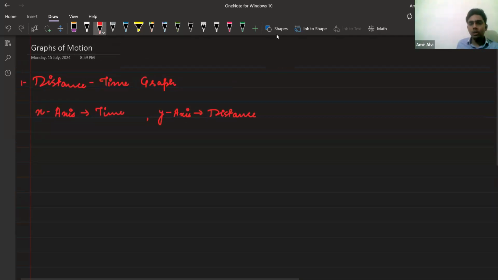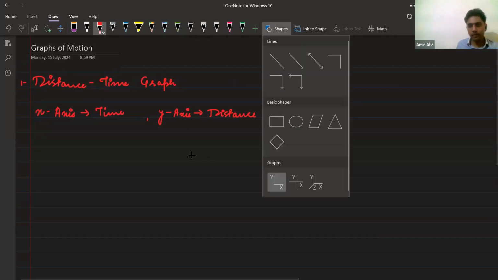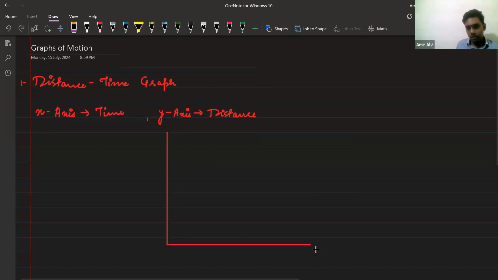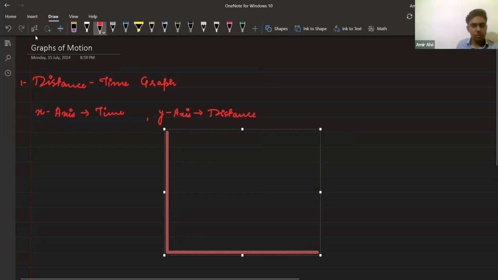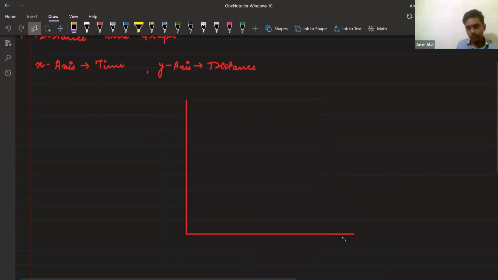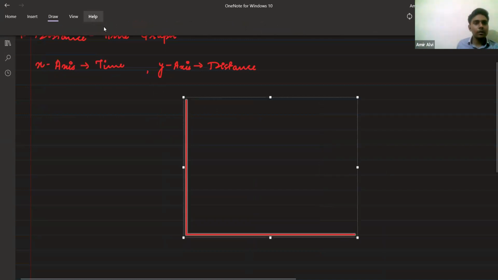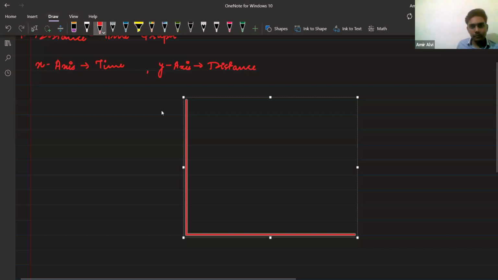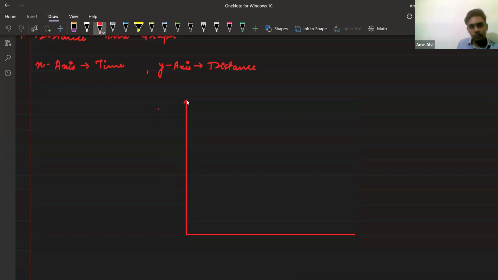So let me draw the basic graph for that. Suppose this is a graph. Here this is the y-axis.